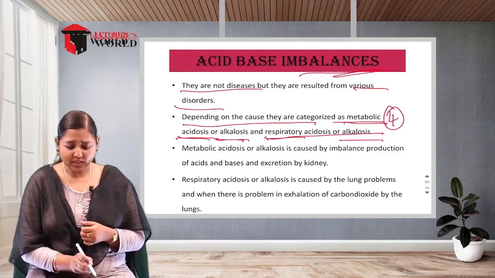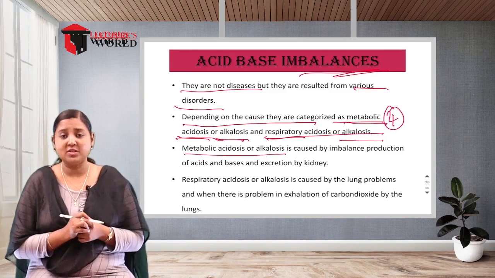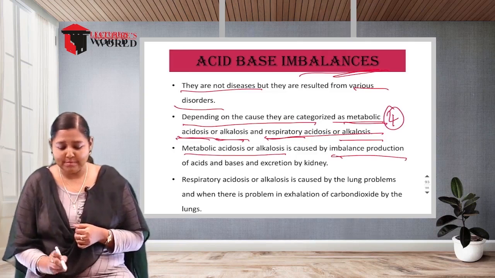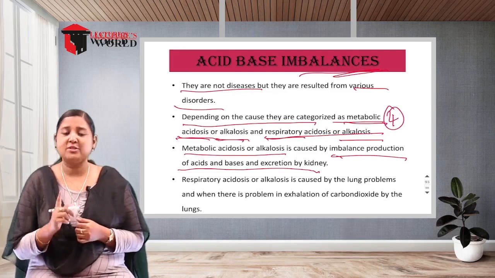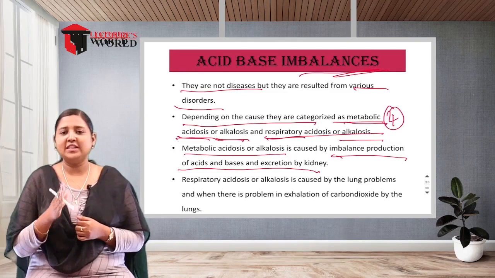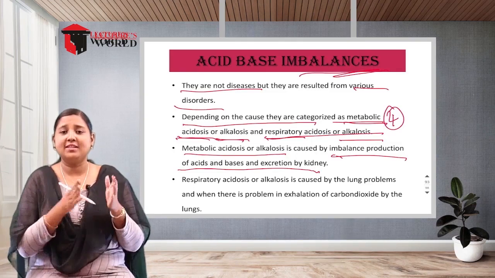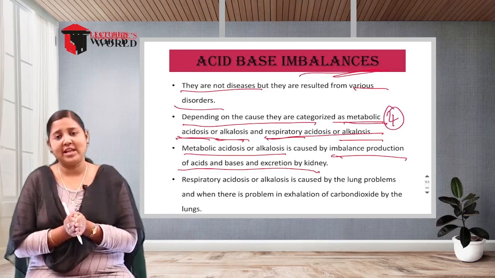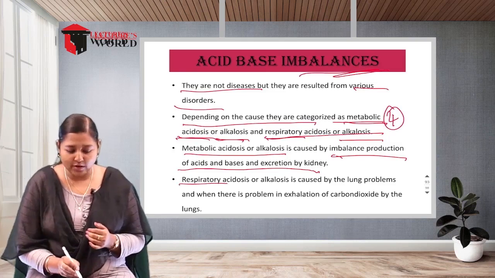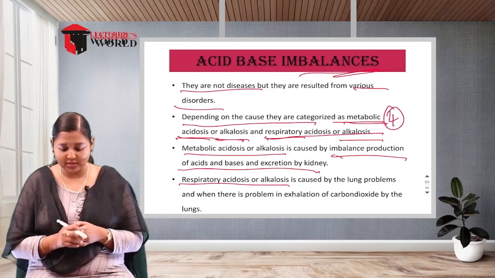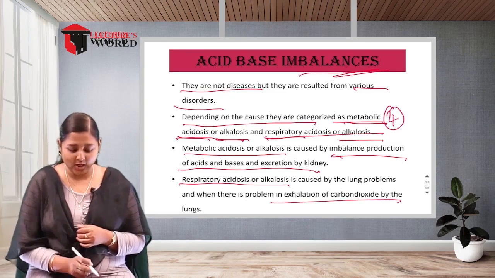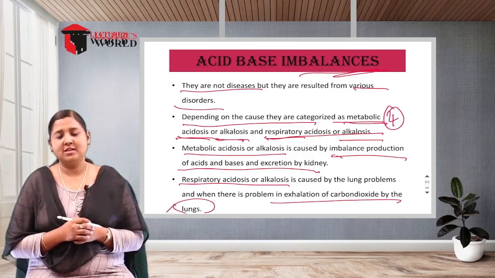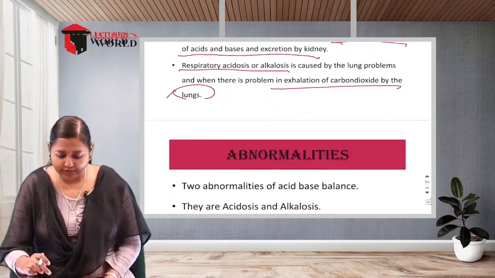So metabolic acidosis or alkalosis is caused by the imbalanced production of acids and bases and their excretion by the kidney. If any problem happens in the kidney, there comes metabolic acidosis or alkalosis. Second, respiratory acidosis or alkalosis is caused by the problem of not excreting carbon dioxide from the lungs. We will see more about this further.